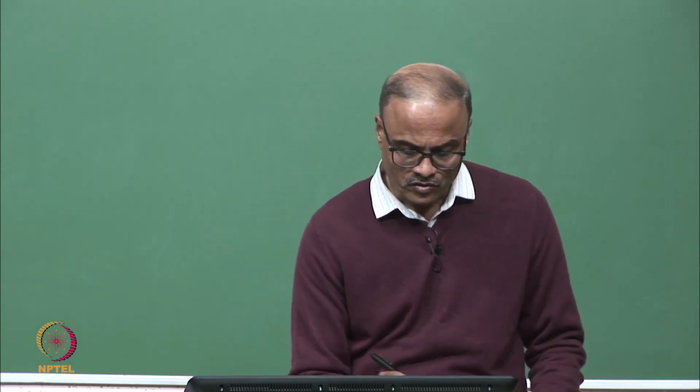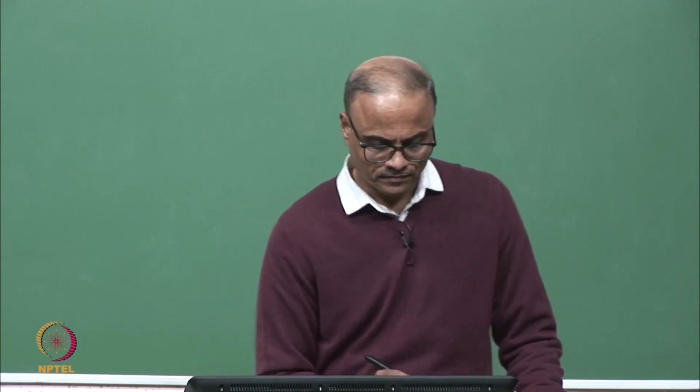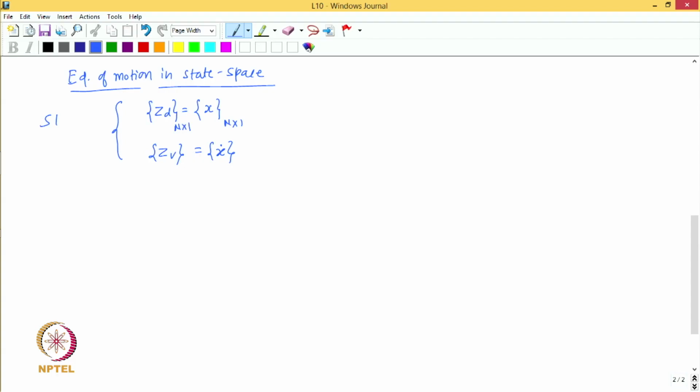So, we choose, let us say, the displacement as the first n coordinates, so x, right. This is of size n by 1. So, let us say vector z_d represents the n number of displacement coordinates, and then we take the n number of velocity coordinates, the velocities at all degrees of freedom, as the second set of n number of state variables, z_v. Okay. So, this is the choice of state variables.